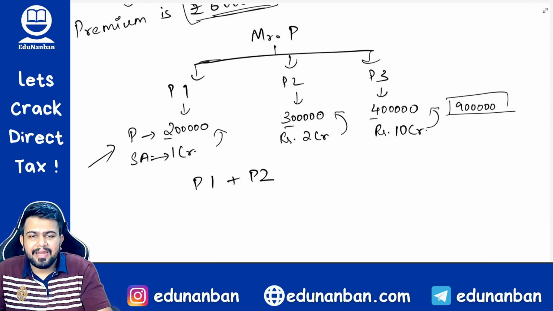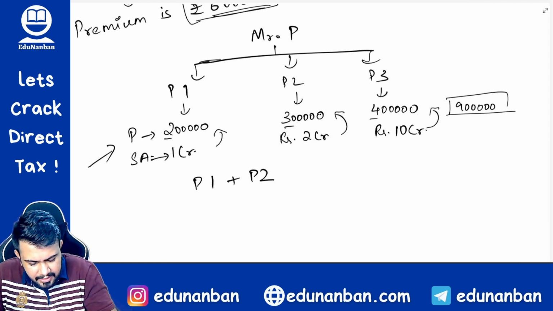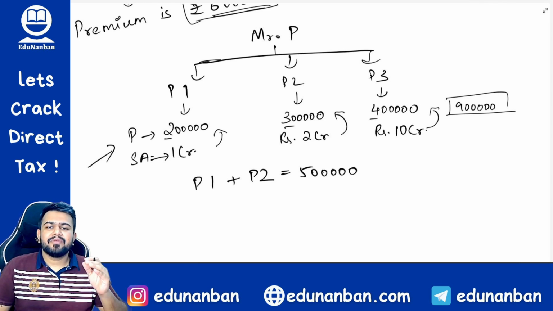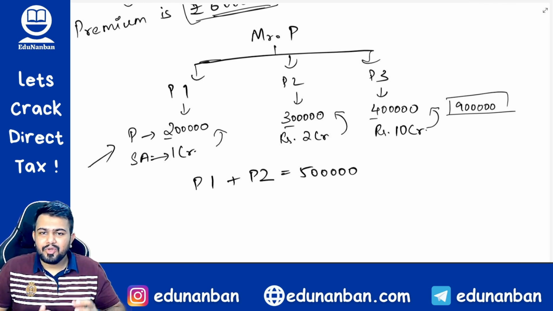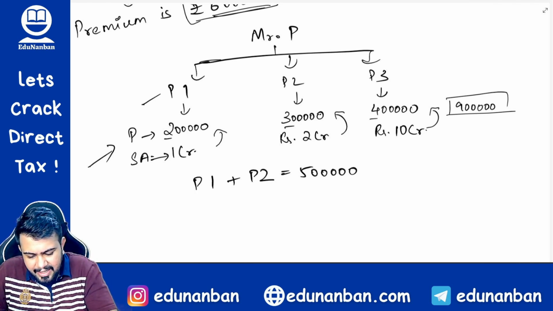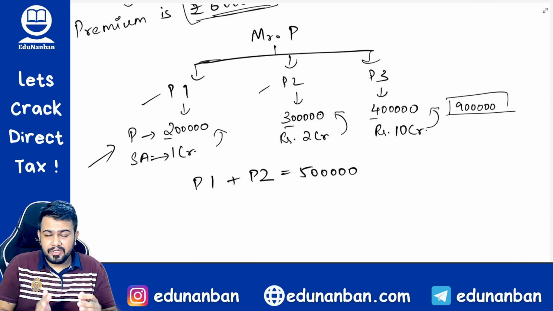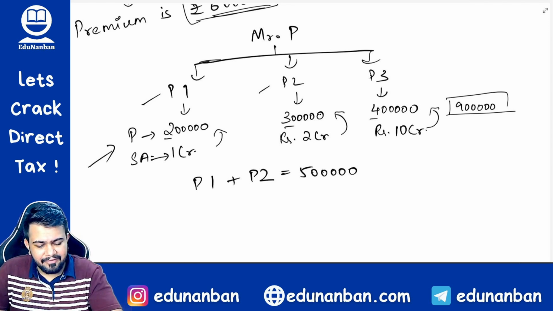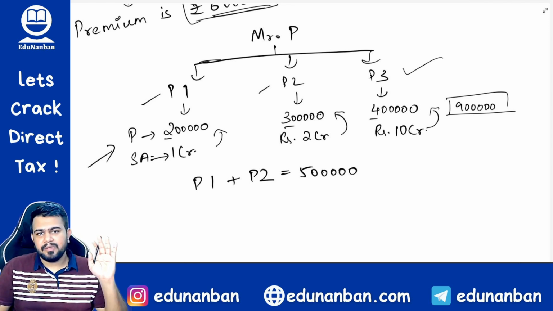For policy 1 and policy 2, what is the premium? The premium is 5 lakh rupees. Is 5 lakh within the limit? Answer is yes. So I can choose that policy 1 and policy 2 I will claim an exemption, since combined the premium is within 5 lakhs, and I will treat policy 3 as a taxable policy.